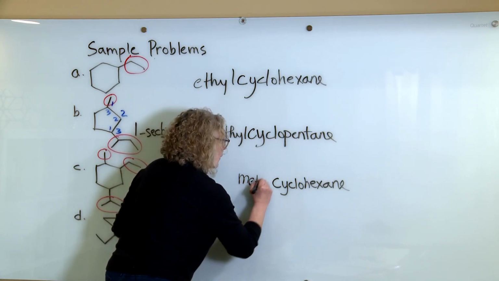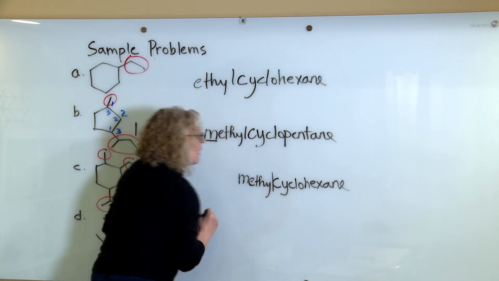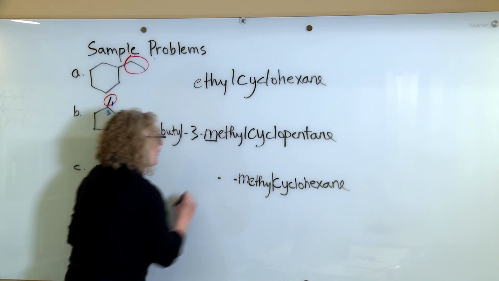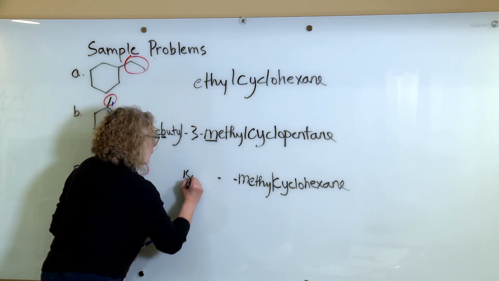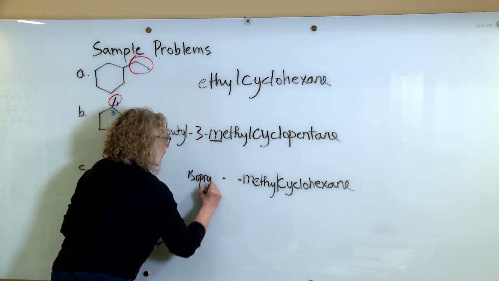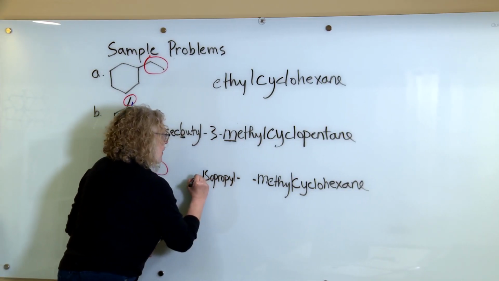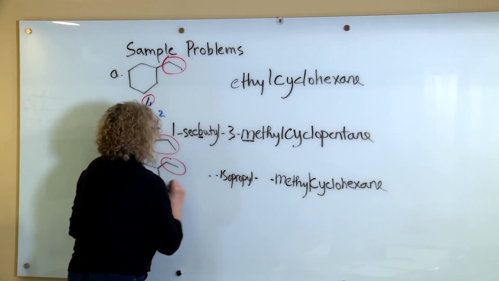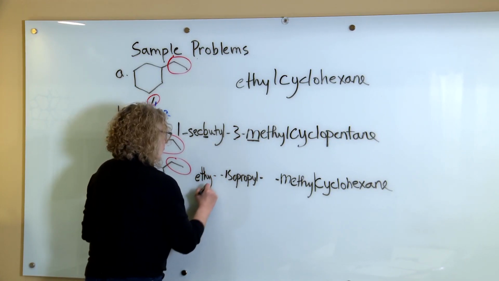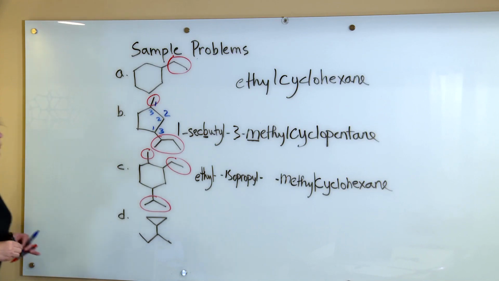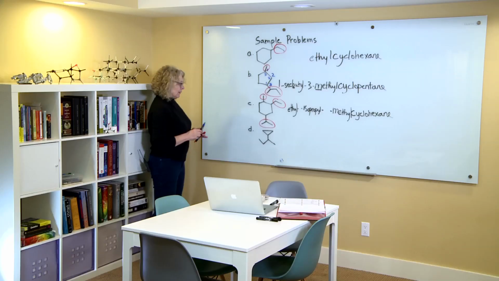Its name comes right before the cyclohexane name. Leave a little space for the numbering. Then we have isopropyl in the middle. And at the front, we have an ethyl group. So this is an ethyl isopropyl methyl cyclohexane.